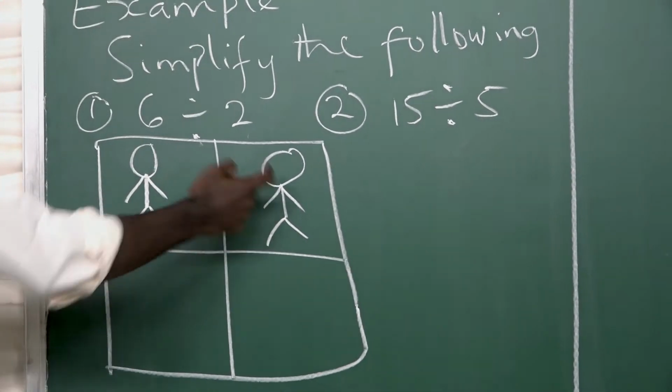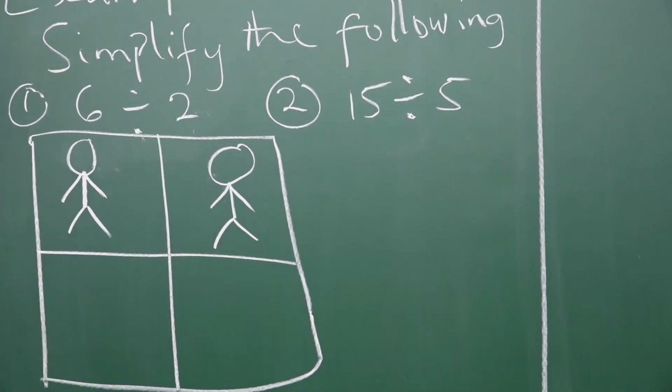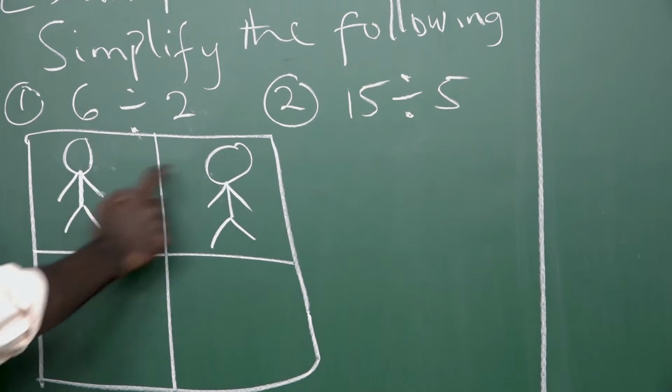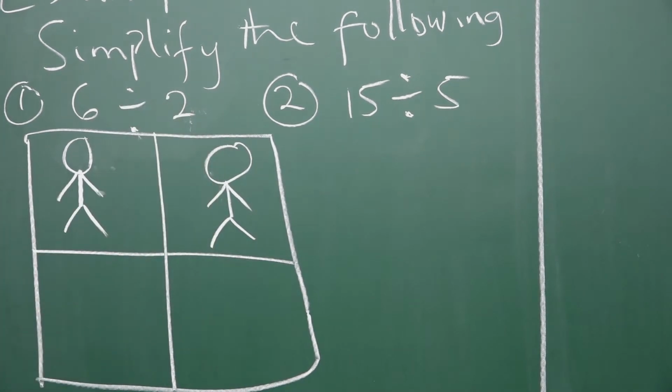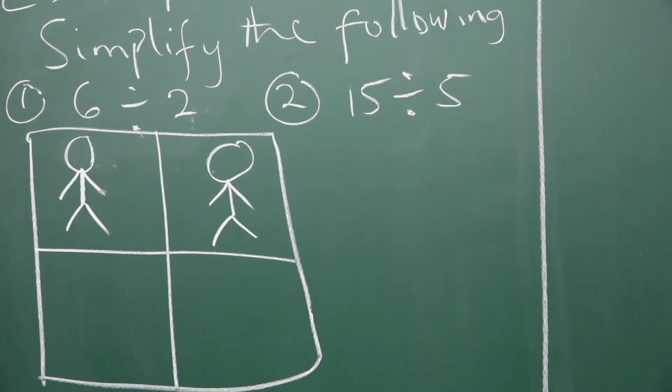Now, these 2 boys, 1, 2, are representing these 2 we have here. And then we have 6 oranges, or let's say 6 apples. So we want to share them. We'll try to share them now.